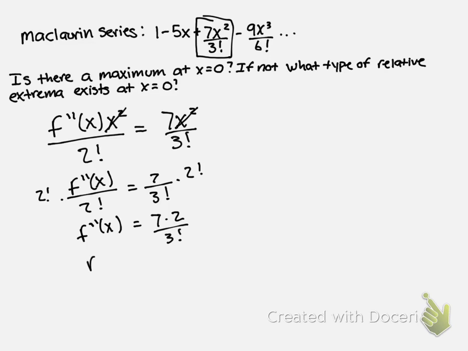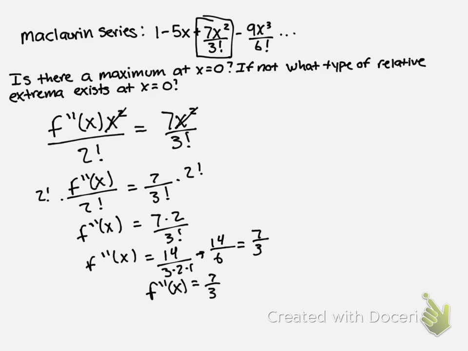And then you can just go ahead and simplify. That equals 14 over, we know that 3 factorial is just 3 times 2 times 1, which is just 14 over 6, which can be simplified down to 7 over 3. So again, f double prime of x equals 7 over 3. And 7 over 3 is positive.